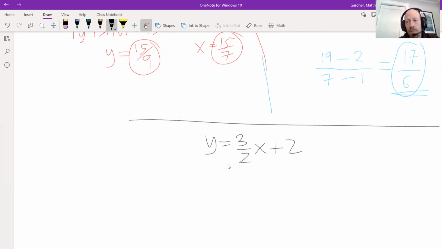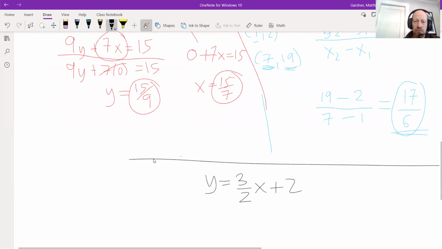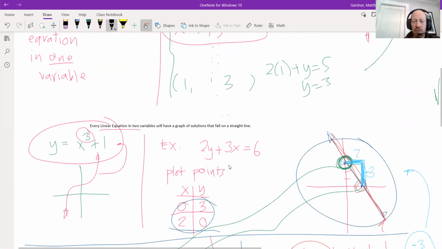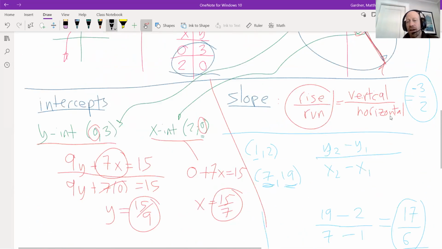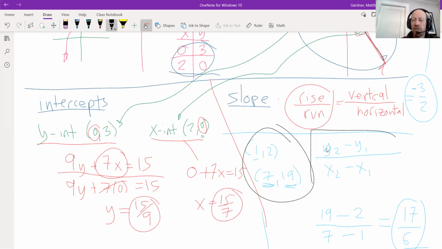So it has a slope. I could try and go up here and plot some points, come up with my graph, and then draw a triangle on my graph, and that would give me the value. I could also find 2 points and use this formula. That would also give me the slope or the value.